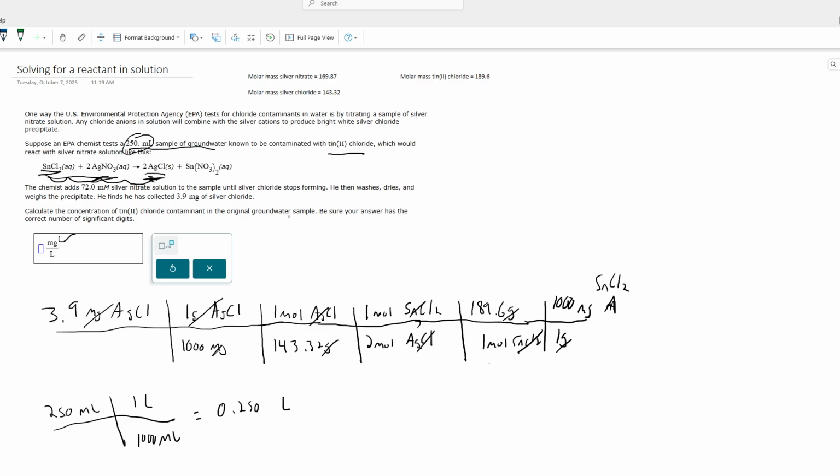All right, let's get our calculators and let's do this. So we have here 3.9 divided by 1,000 divided by 143 divided by 2 times 189.6 times 1,000.